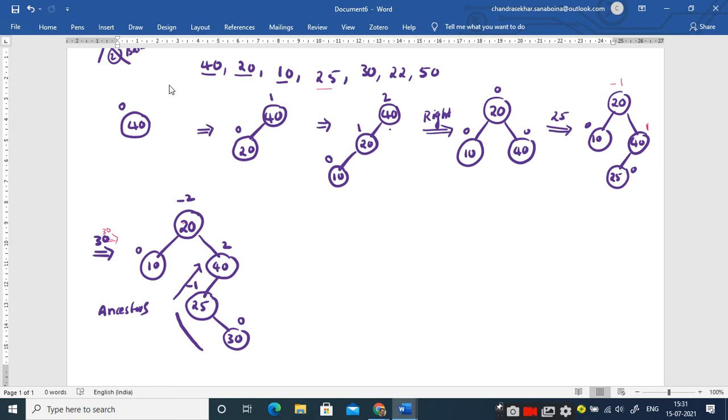What is the relationship between 40 and 30? Grandparent. Super. 40 is the grandparent of 30. Simply, a single term is ancestor. So you start from the node where you inserted, go in the upward direction towards its ancestors, and whichever ancestor's balance factor is violated, that should be balanced.